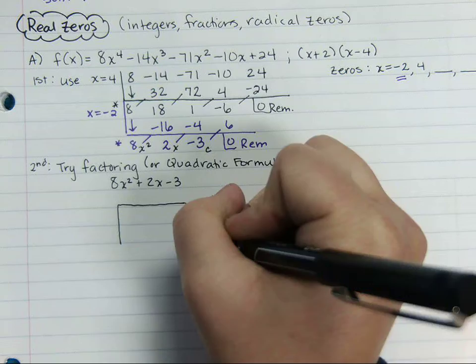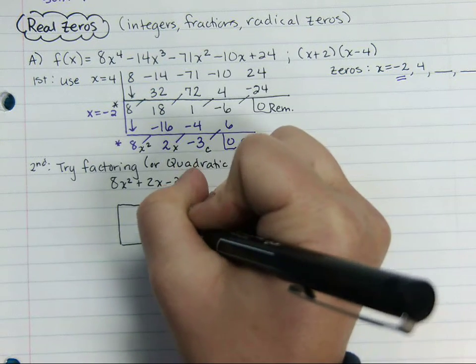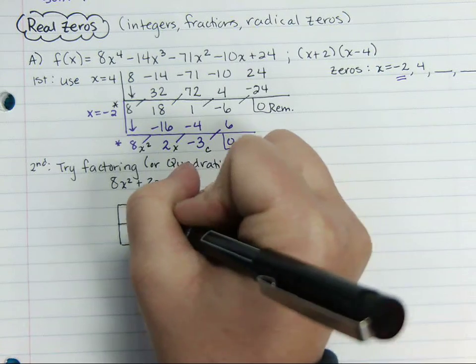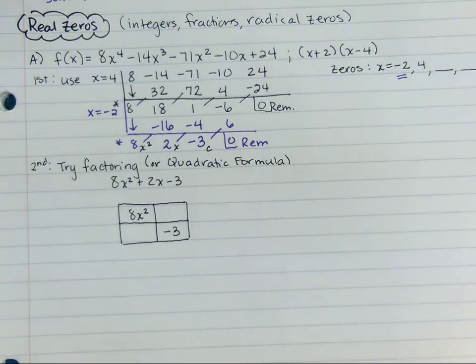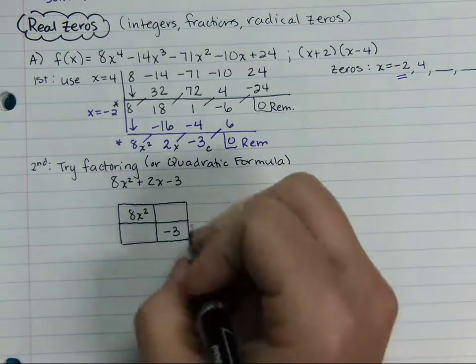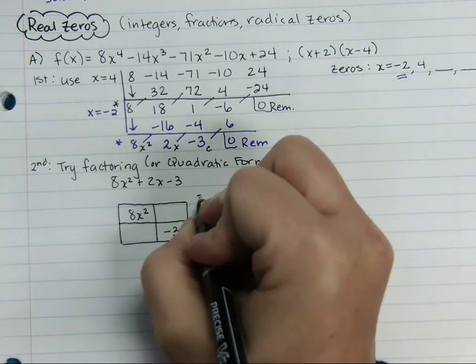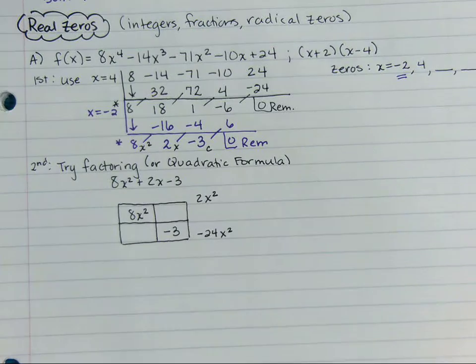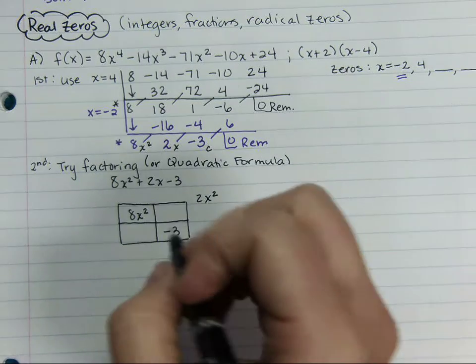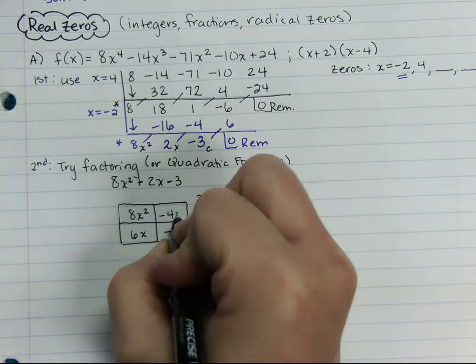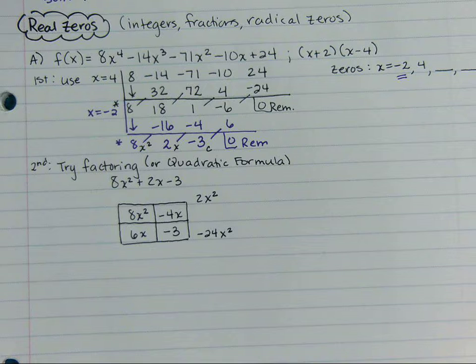So if I am going to try my area box, and I put 8x squared in the top, a minus 3 in the bottom, I'm looking for a product of negative 24x squared that adds up to be a 2x. And so 6 and 4 work, but I need to put the positive value on the 6. Since they're opposite signs, the larger factor has to be the positive one.